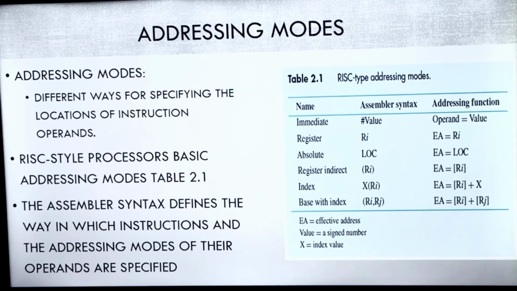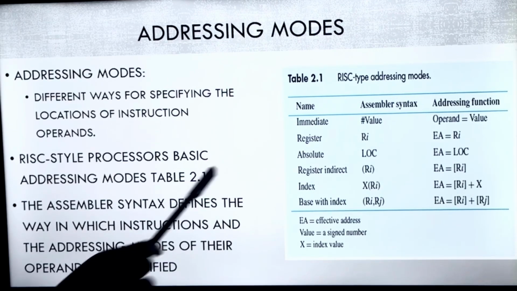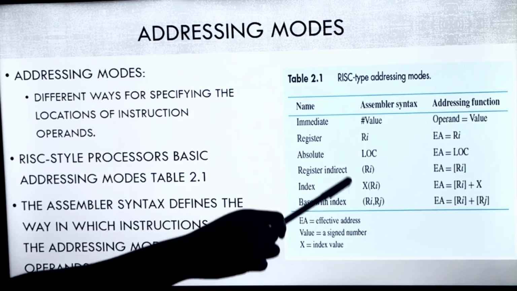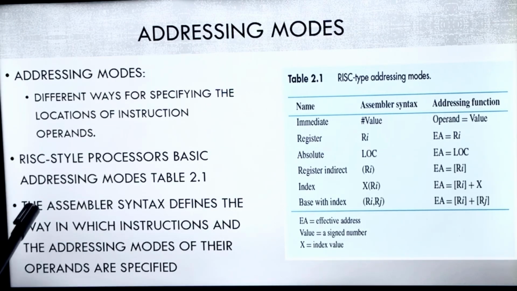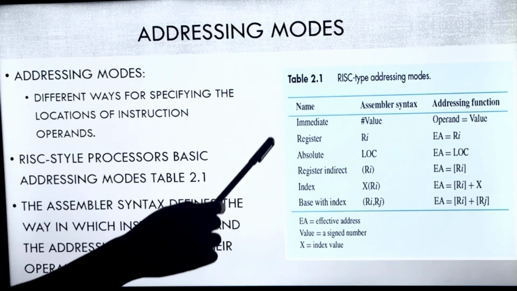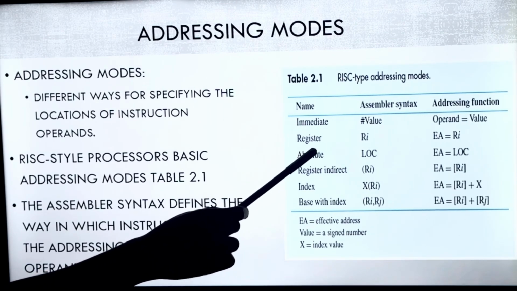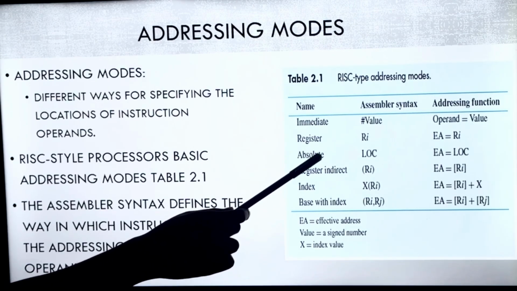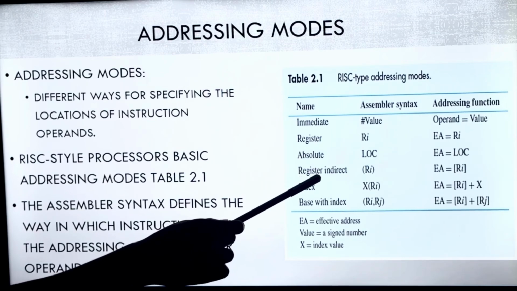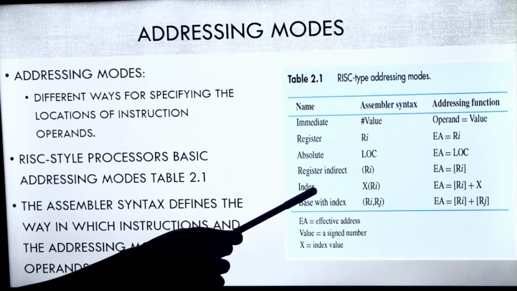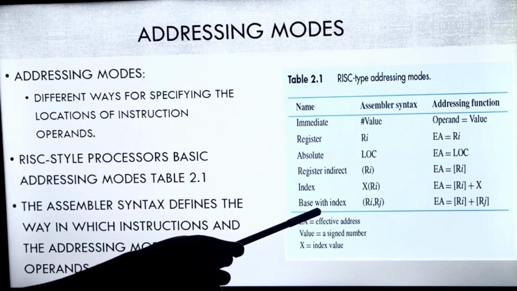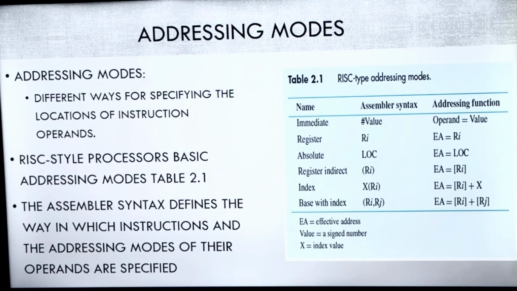There are six major addressing modes supported by RISC. We have some others also, but these are the most important. What are those? Immediate addressing mode, register addressing mode, absolute addressing mode, register indirect addressing mode, index addressing mode, and base with index addressing mode.